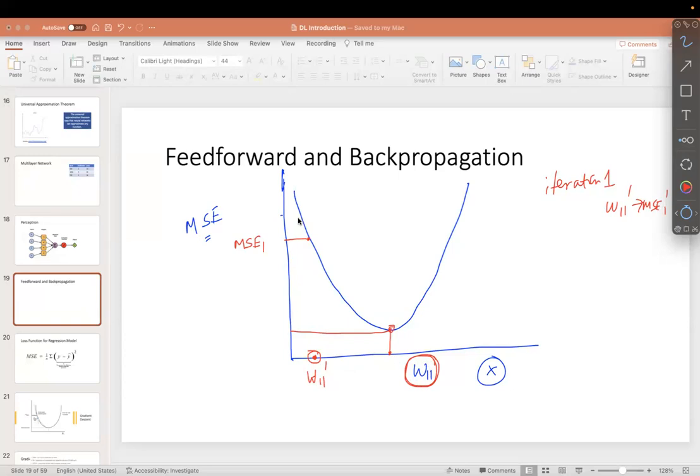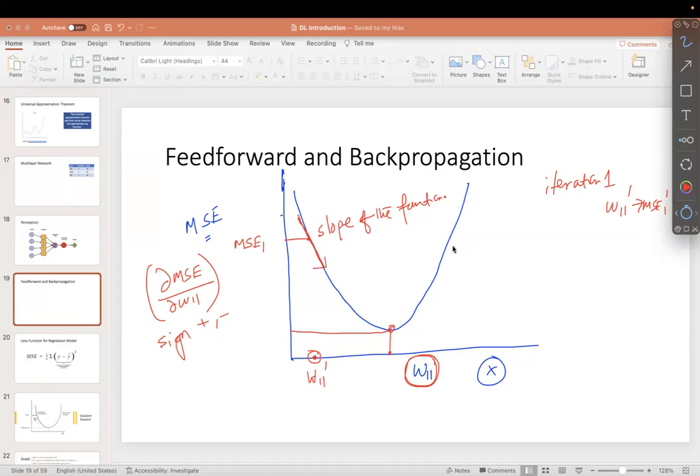What we can do is, at this particular error function, calculate the slope of the function, which is nothing but your dMSE by dW11. And the dMSE by dW11 will have a sign, isn't it? It will be positive or negative.